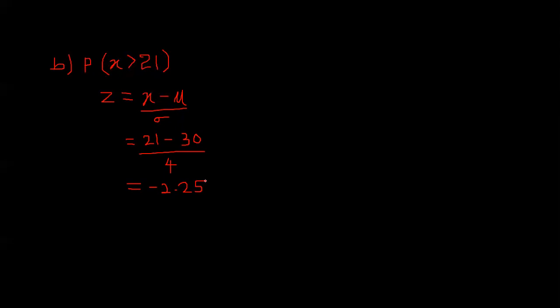All right, if you draw the graph, because the Z value is negative, it must be something around here, negative 2.25. But now the question wants you to get the value that is greater than 21.